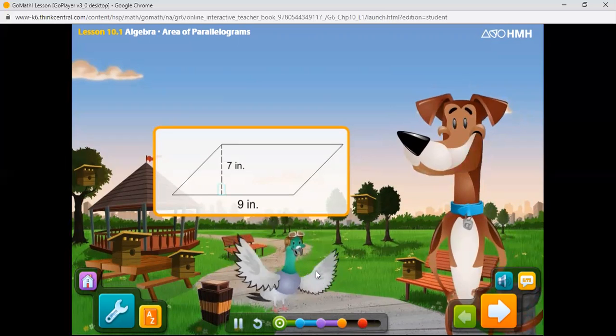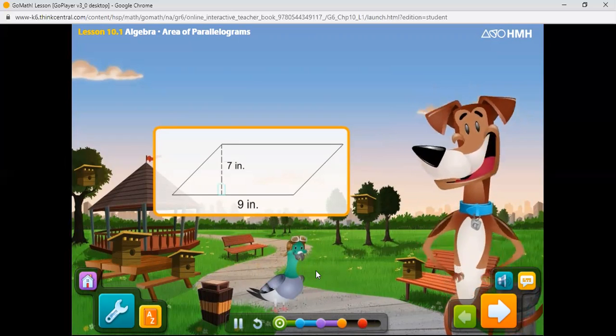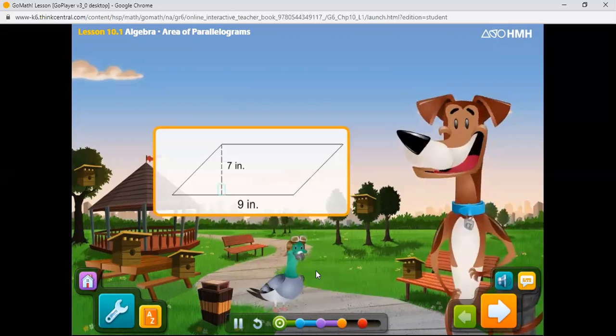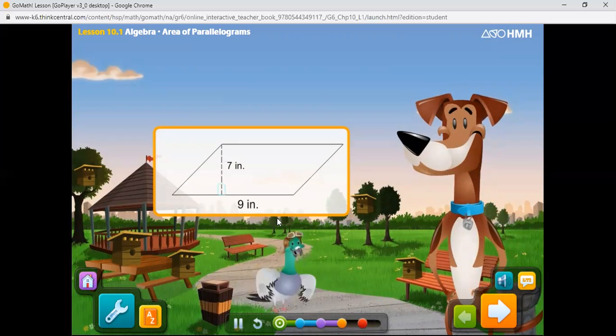Let me think. There must be a way to find the area of the roof to make sure there's enough paint. You know, we can use the formula for the area of a parallelogram to find the area of the roof. Let's try it and find out.